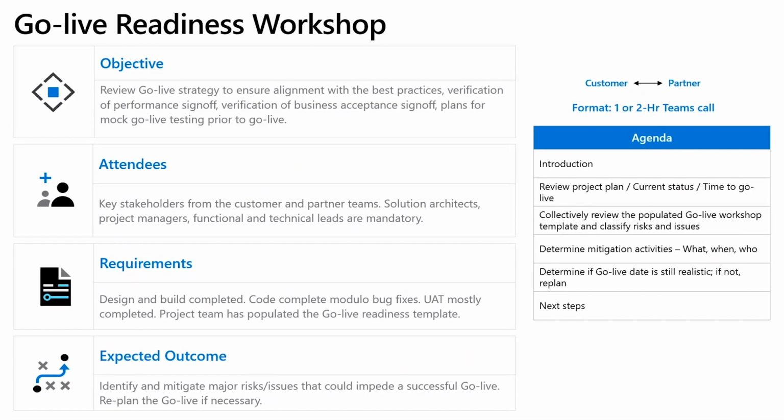At the end of this workshop, there might be some risks identified that are considered more severe, potentially becoming an impediment to the planned go-live. If that go-live needs to be replanned and further detailed, then that can just be a good thing. It might be better to mitigate the risks and secure a successful go-live compared to trying to recover from an unsuccessful go-live.